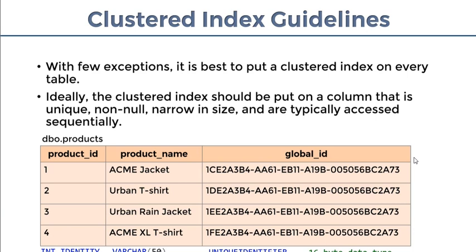In addition, the product ID is likely to be queried in a sequential search. For example, we might have a query where product ID between 500 and 600. This type of query would benefit from a clustered index on the product ID because with a clustered index, the rows are stored in sorted order of that column.